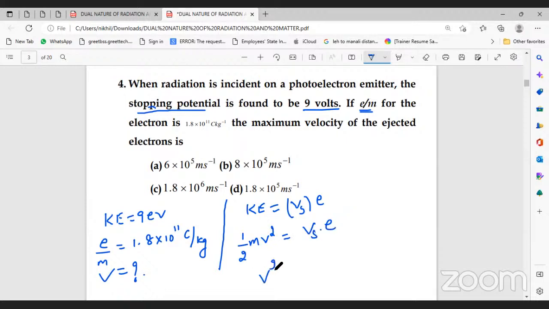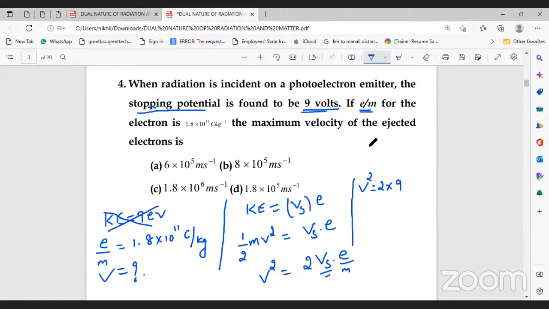Now what is V squared from this equation? 2 times Vs into E by M. So V squared is 2 into the stopping potential Vs. Just substitute 9, because I'm directly substituting for stopping potential, not for kinetic energy.